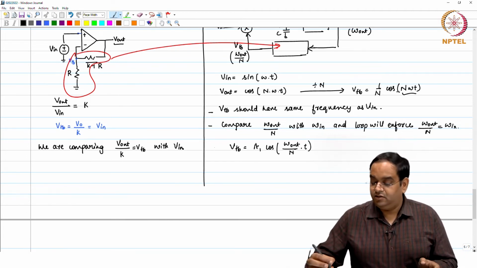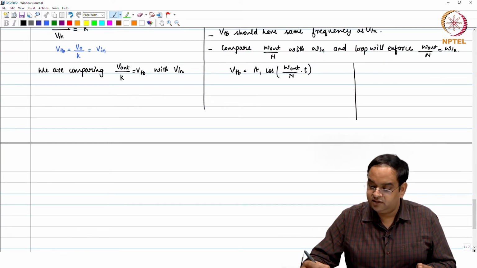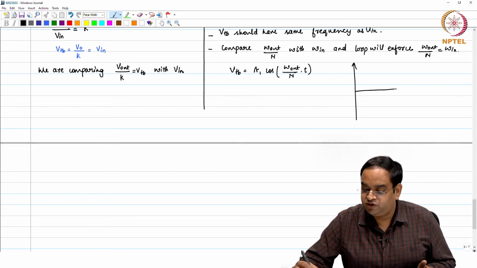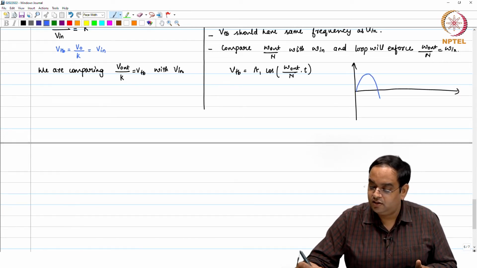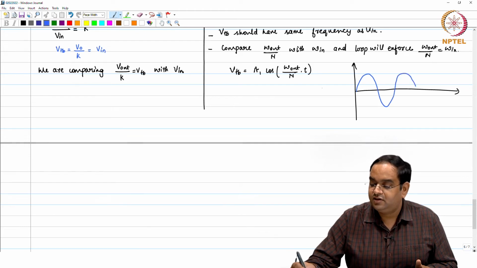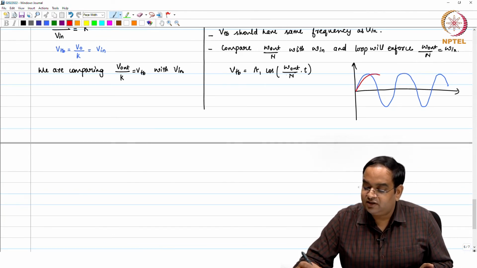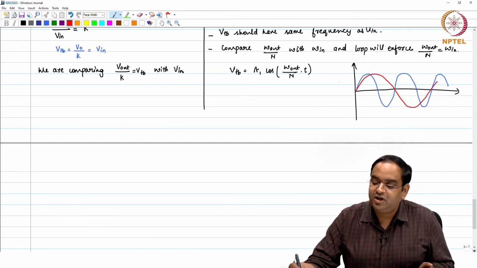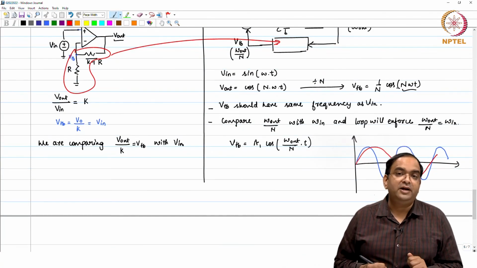Just to make sure that you follow this, if my output signal happens to be a signal like this, and I want to divide the frequency by 2, I want a signal like this. How you are going to do it, that is something which we will see later.